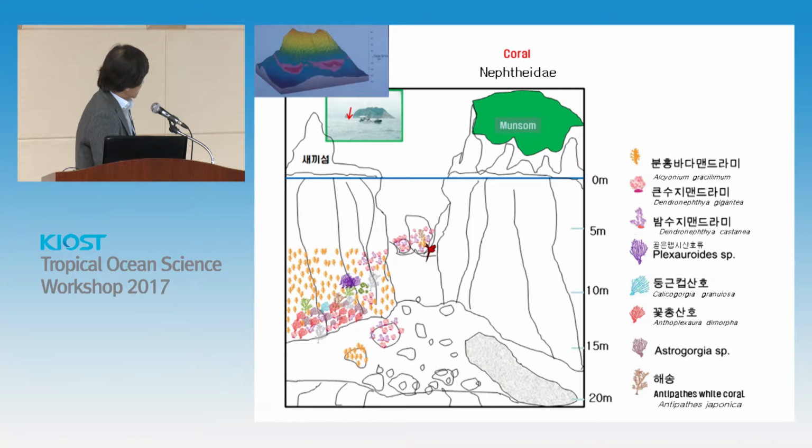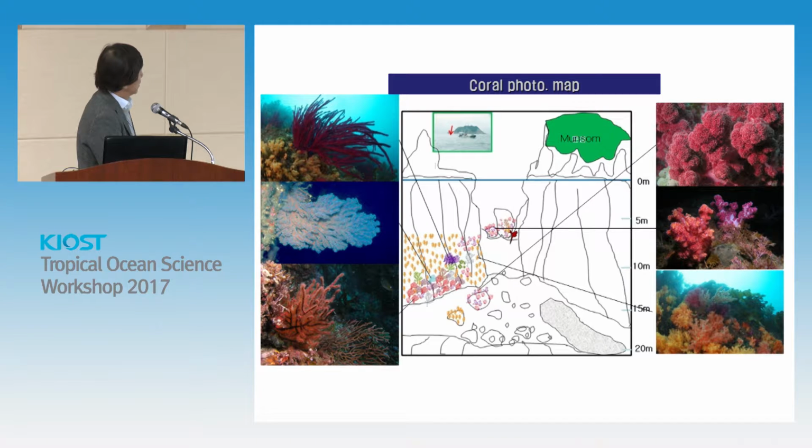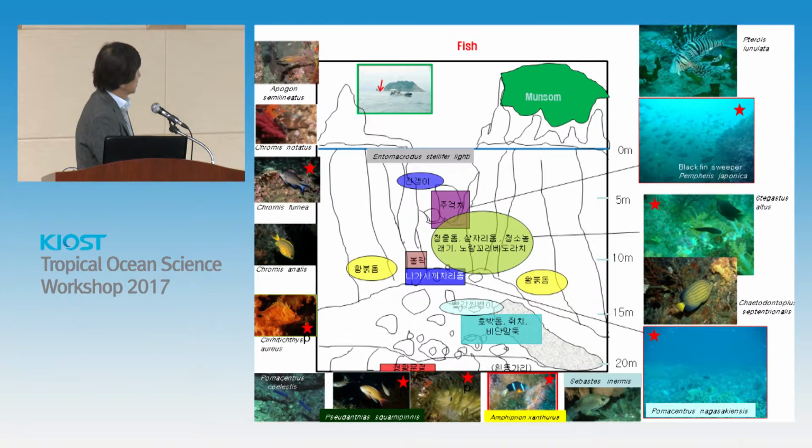Some species cover more area than another species or another depth layer, as you can see. And this is the distribution eco map of soft coral in Korea at that time, matched with some species photos like this.